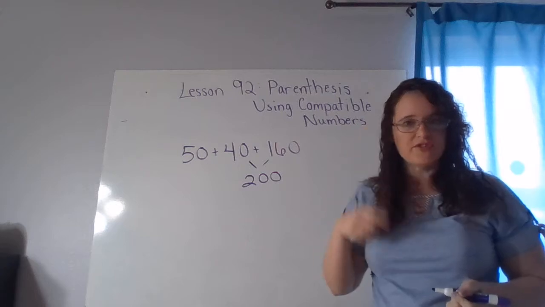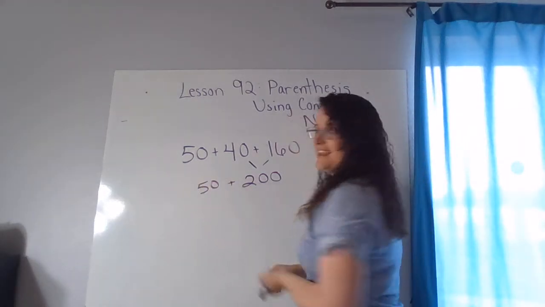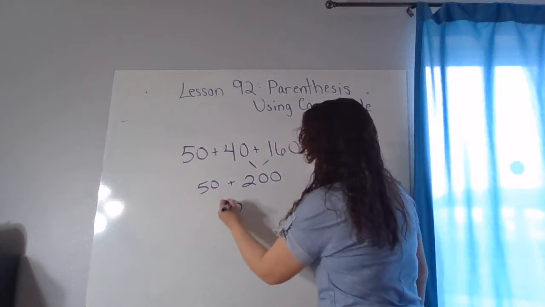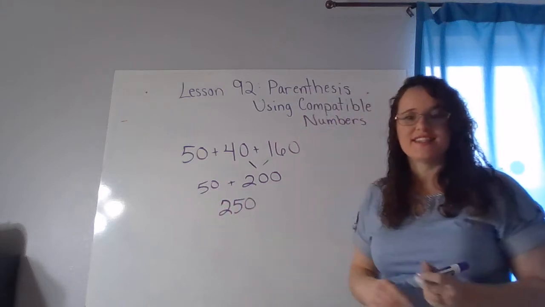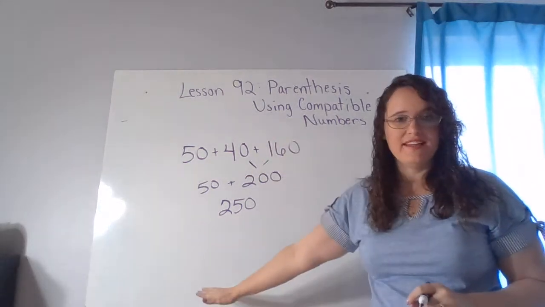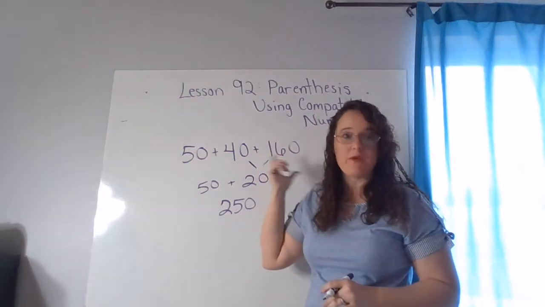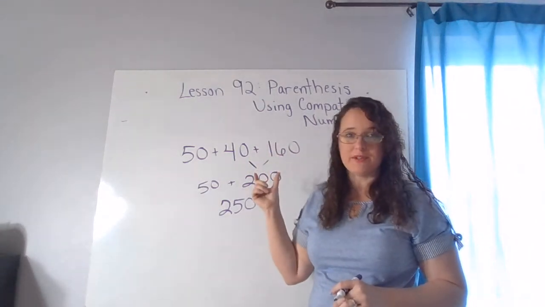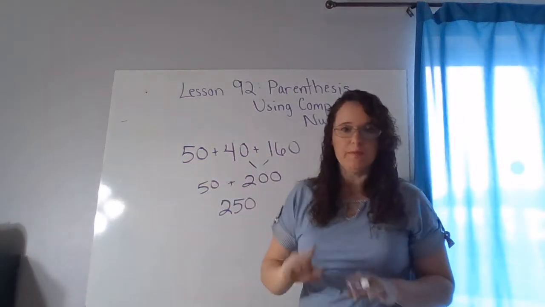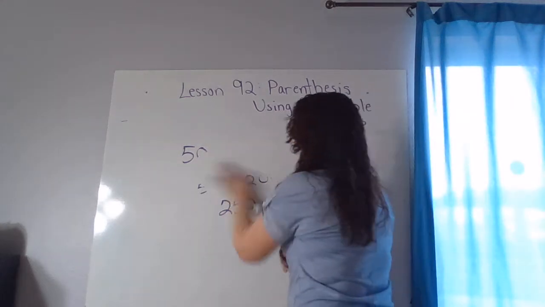That makes 200. And then I add the 50. And again, really easy in my head, I can say this is 250. And I didn't even have to show any of that work. I did that for your benefit, but in my head, if I recognize the compatible numbers, I can say, oh, 200, 250, boom, done.